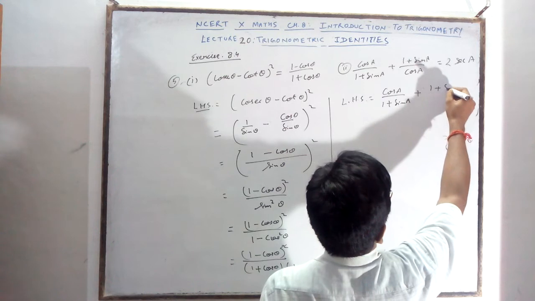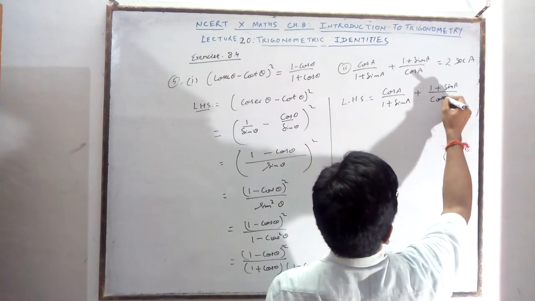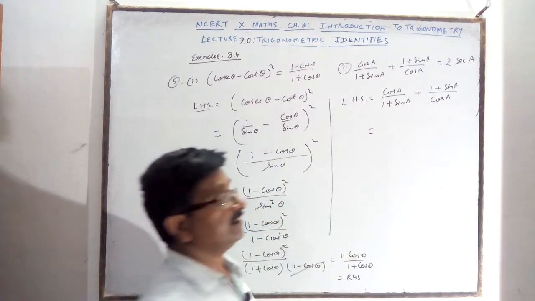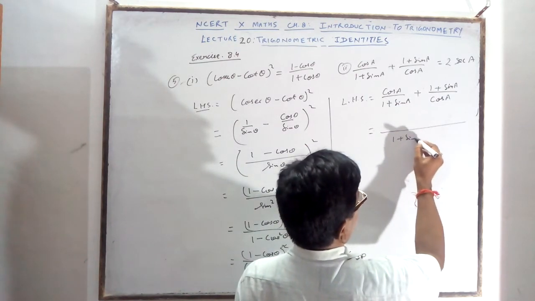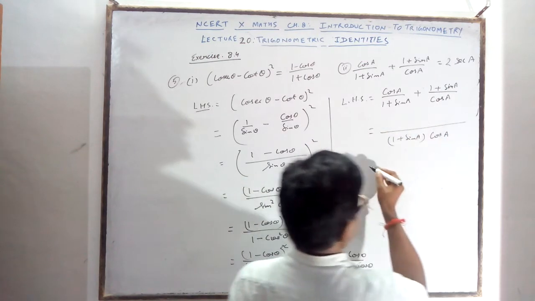So the first step you will do is convert the two fractions into one fraction. What is the process? Taking the LCM. 1 plus sin A in one bracket and cos A in another.